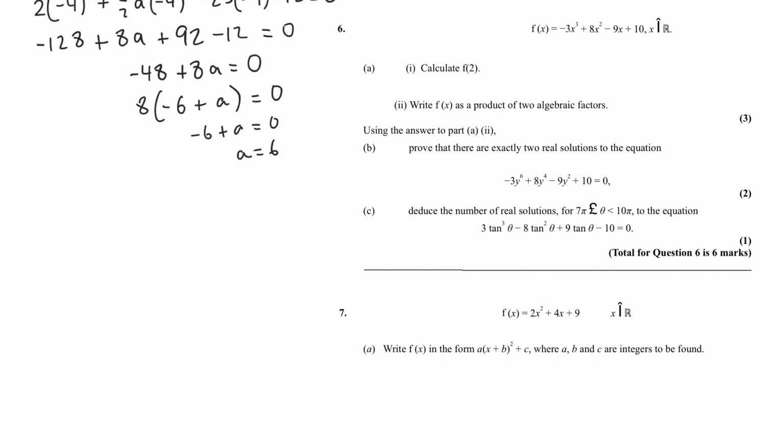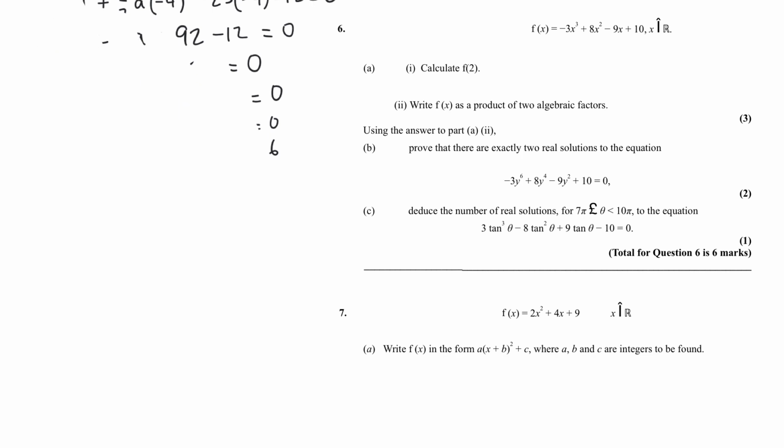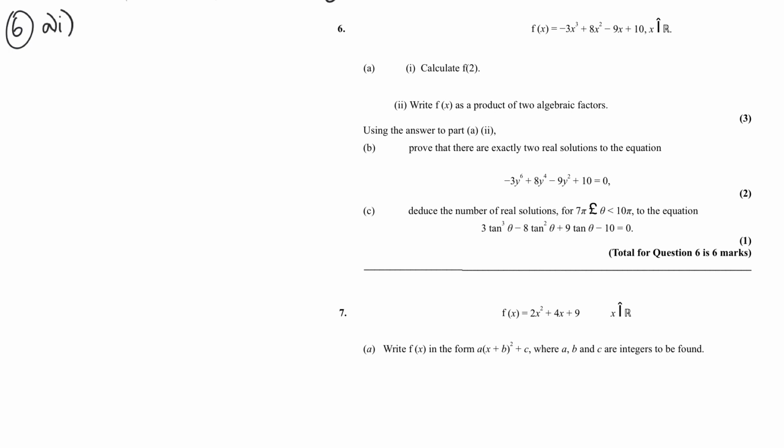again, I'm going to write on this side so I have enough space. So, okay, so that'll be minus 3 bracket 2 cubed plus 8 bracket 2 squared minus 9 bracket 2 plus 10.